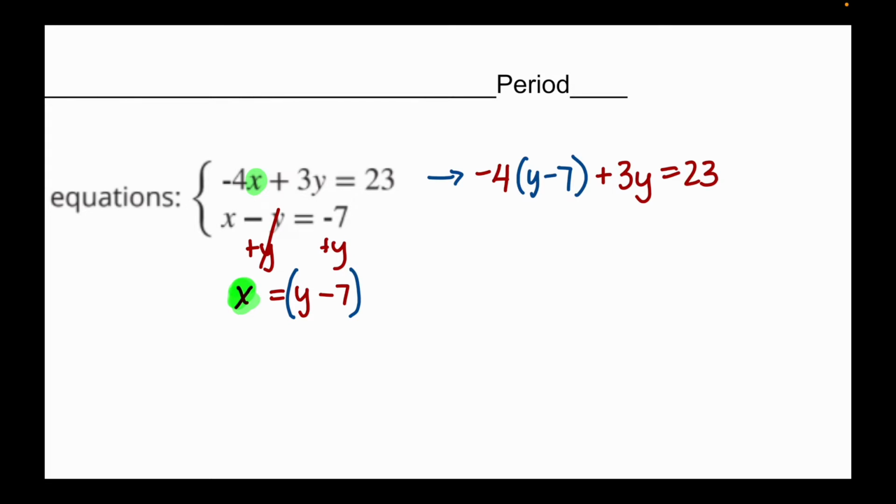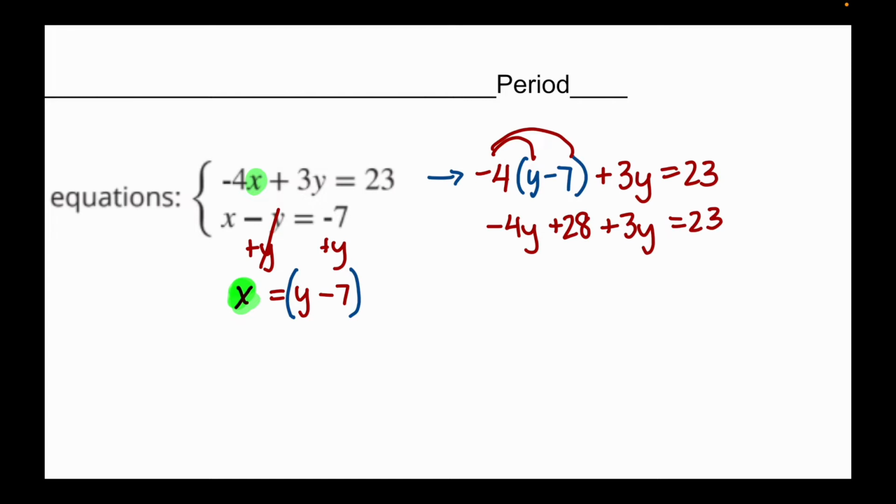From here, we're going to multiply all of this out, and we're just going to find an answer for y. So let's distribute this negative 4, negative 4y, and then 7 times 4 is 28, but it's going to be positive because two negatives make a positive, plus 3y equals 23. Okay, so we're going to combine like terms.